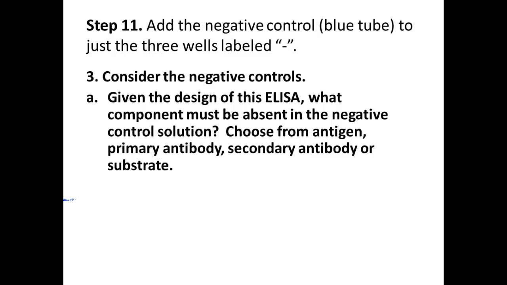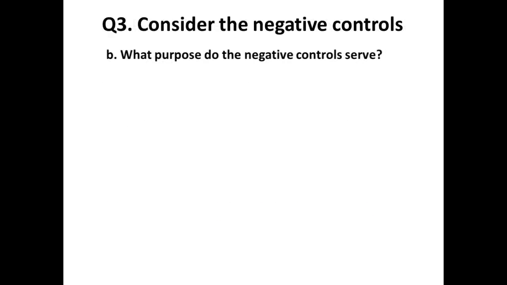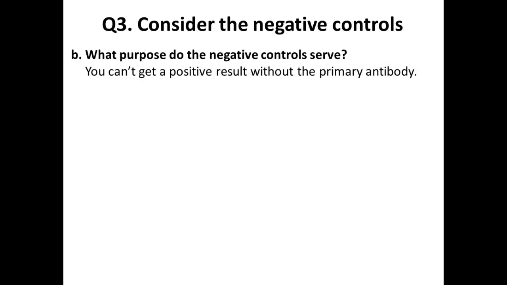The primary antibody. The primary, right? And this is so that we know that the secondary does not bind to the antigen. It only binds to the primary antibody. So if we get a positive result in these, this is not good, right? This serves a purpose because this is a multi-step process: you cannot get a positive result without that primary antibody.